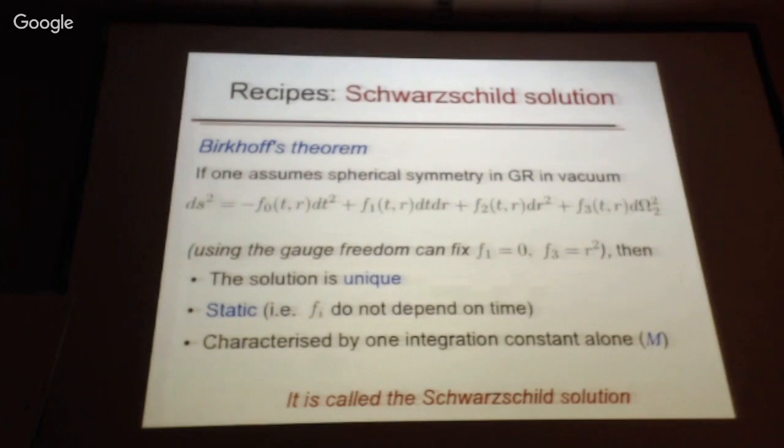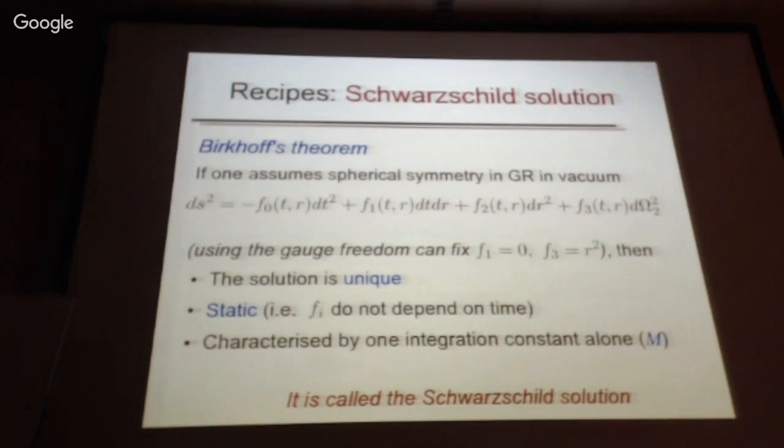These are unknown functions of t and r. You cannot depend on the angles, because depending on the angles will break spherical symmetry. And I have 4 functions. However, remember, I always have a choice of coordinates. So we saw before that we could choose 4 coordinates. However, because I have a spherical symmetry, only time and radius are my free coordinates. So I cannot mess with the angle.